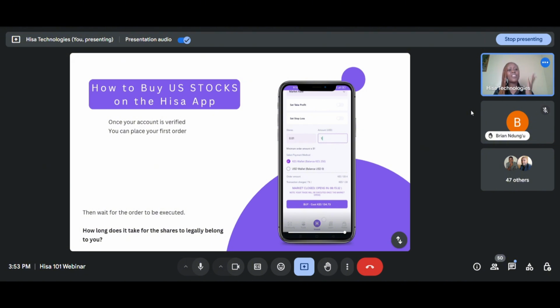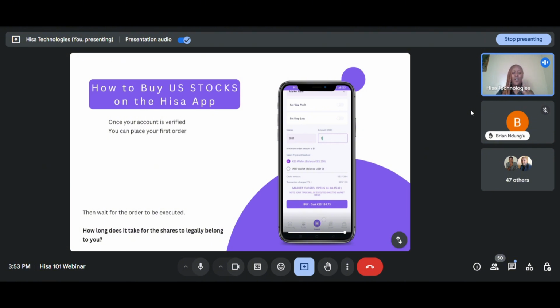Okay, and the best part about the Hisa app is that you are able to buy the shares depending on, one, the number of shares that you want, or two, the amount that you want to invest. That is where the fractional shares come in. If you have your 130, you can own a piece of this company.